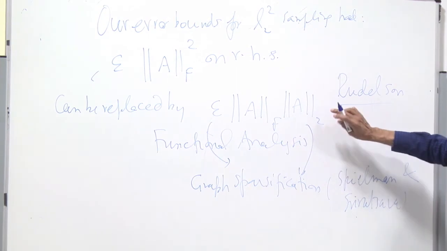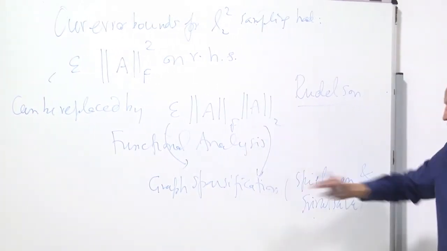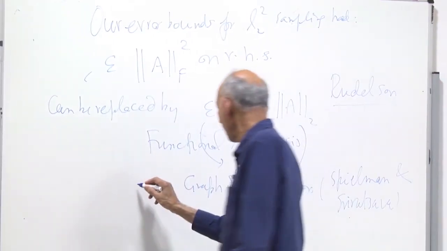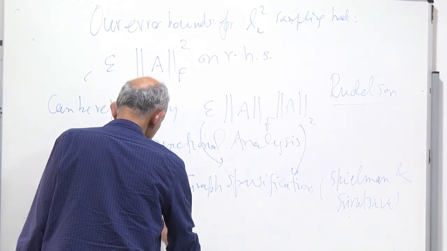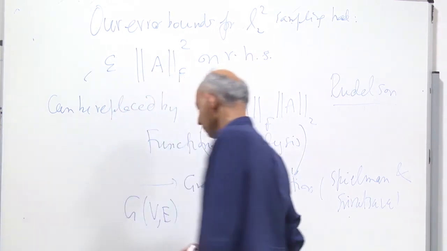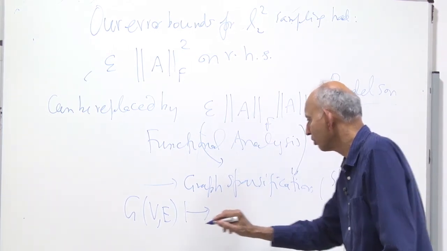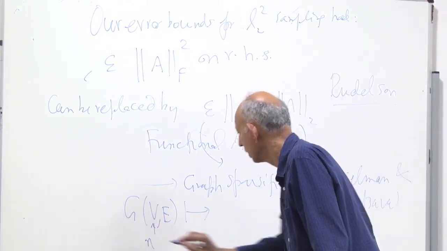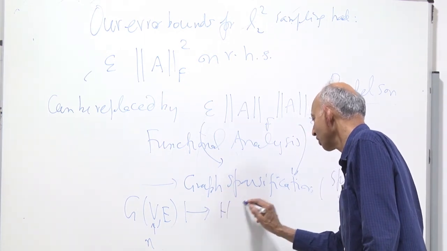So you need the fact that one of the Frobenius norms has gone to spectral norm to get graph sparsification. So graph sparsification says the following. I give you any graph G = (V, E). This has n vertices. I can produce a graph H, which is a subgraph of G.